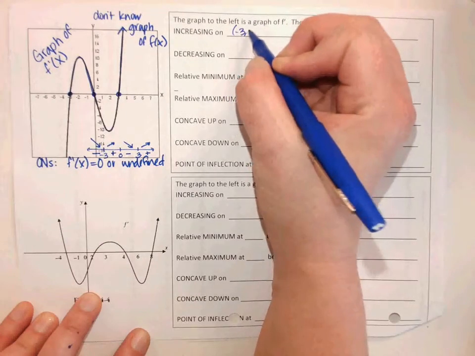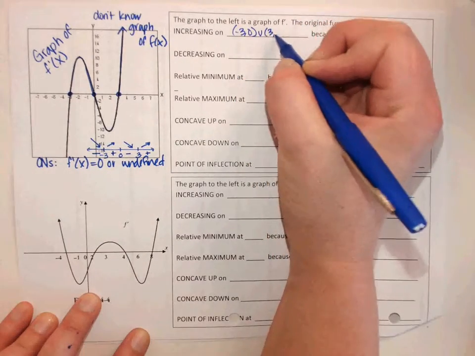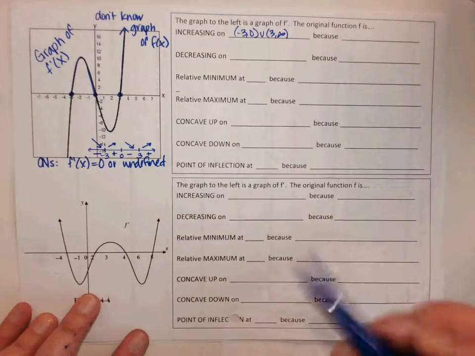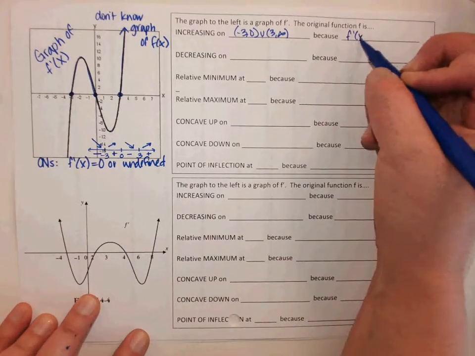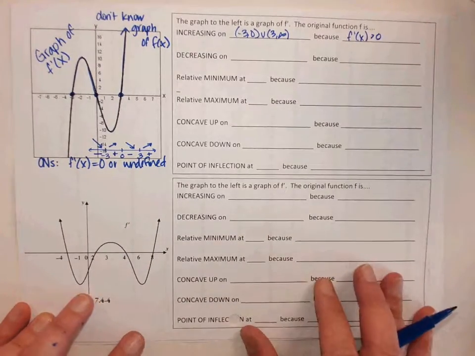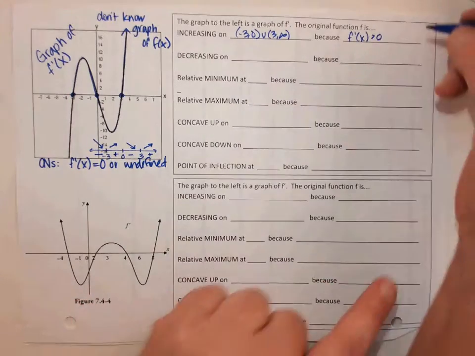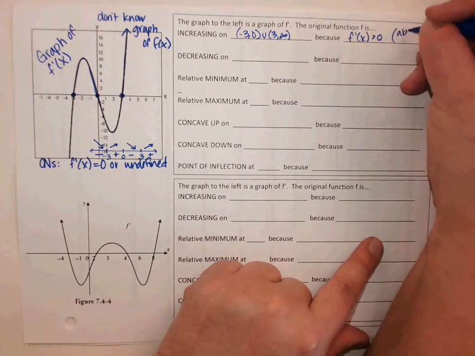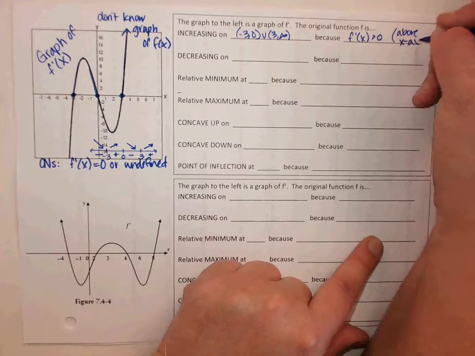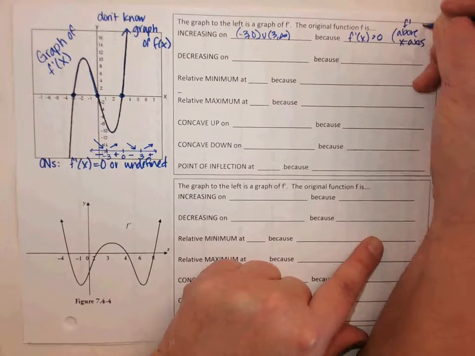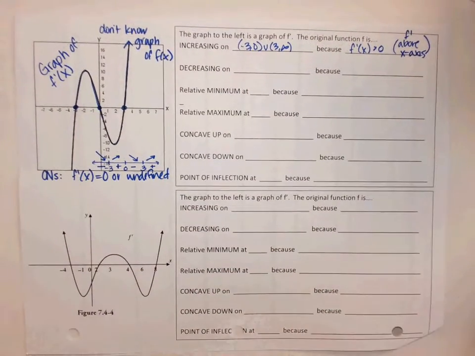So negative 3, 0, union 3 to infinity. Because f prime of x is greater than 0. And then I'm going to put in parentheses behind that, it was above the x-axis. So because f prime was above the x-axis, I know it must have been positive there.